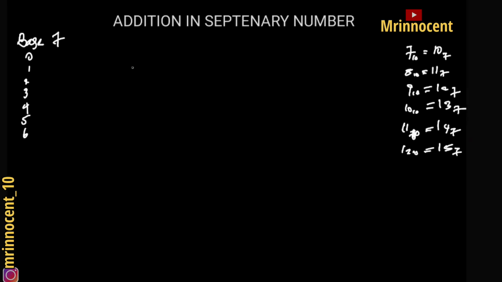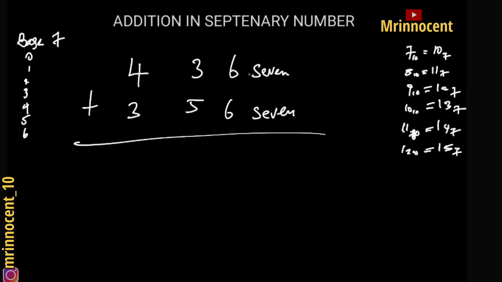Let's look at some examples. We have 436 in base 7 plus 356 in base 7. 6 plus 6 is 12, and 12 in base 7 is 12 divided by 7, which is 1. 1 times 7 is 7.